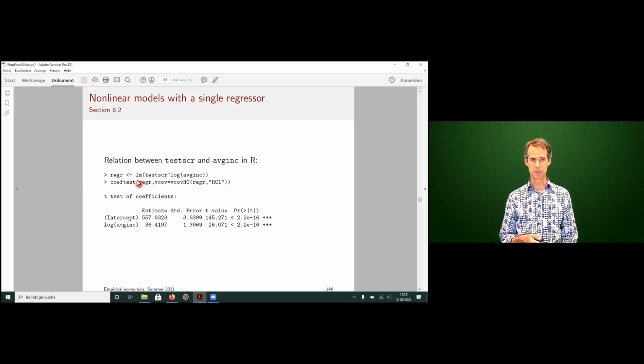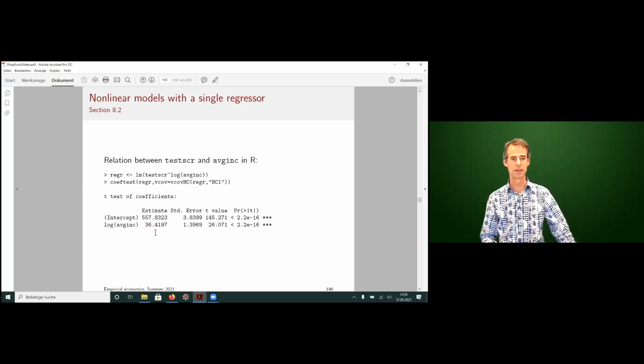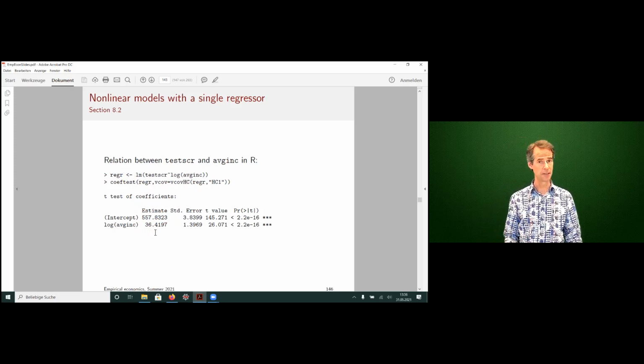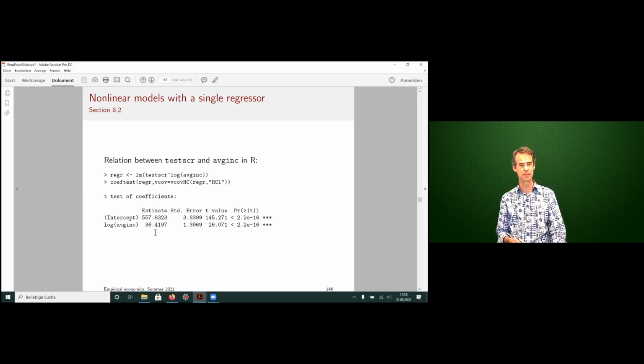All right, then we compute the usual table for the outcomes, using the heteroscedasticity robust estimation, and we get this estimate here, and the slope coefficient 36. So this is the beta 1, which means that if we increase average income by 1%, and this could be quite different absolute changes, because if you increase it at a level of 5,000, the 1% change is in absolute terms much less than if you increase an average income of, say, 40,000.